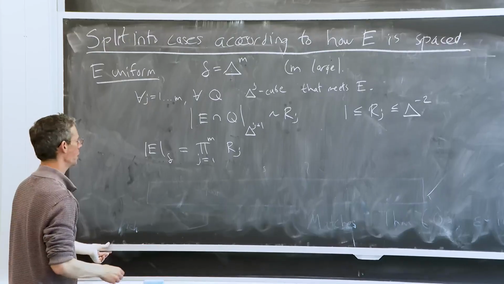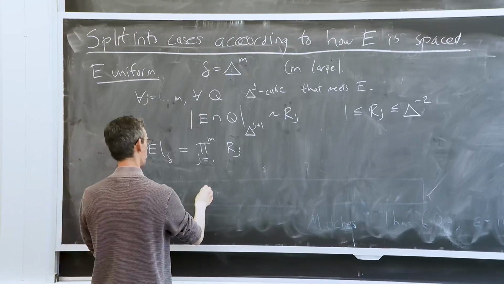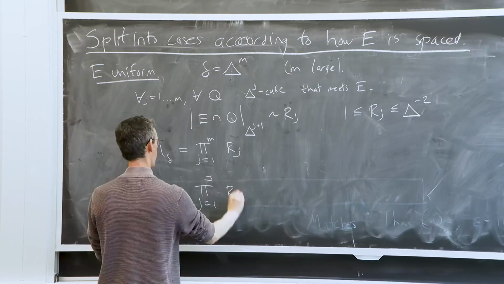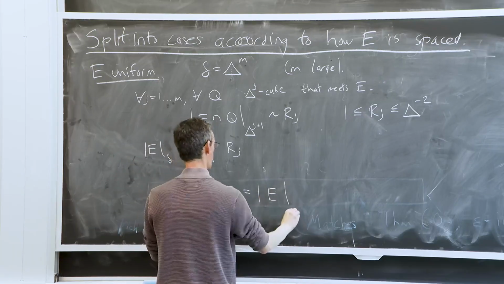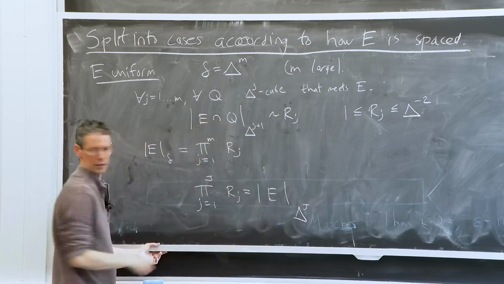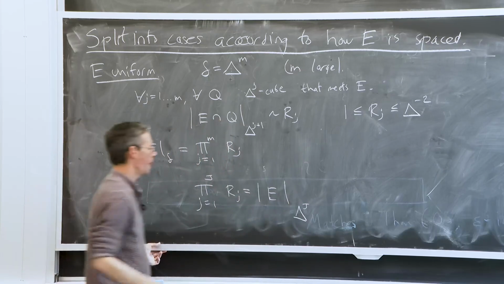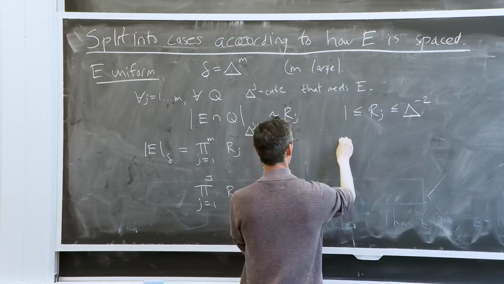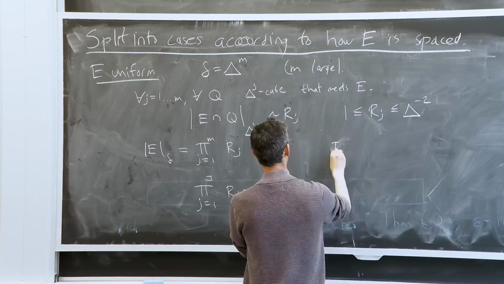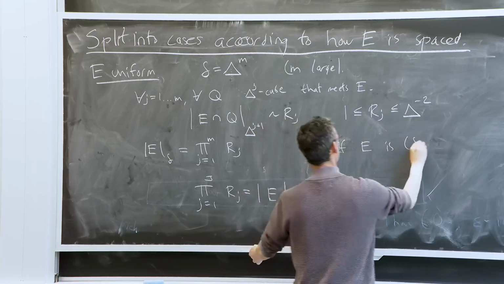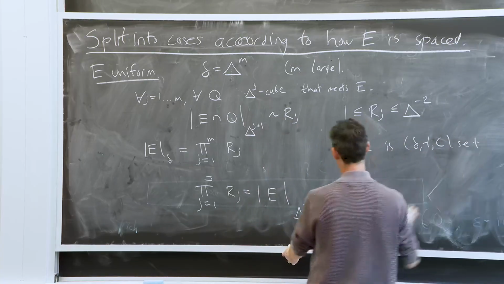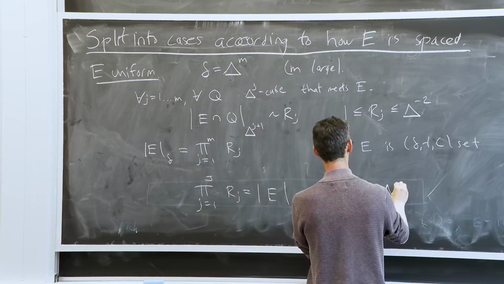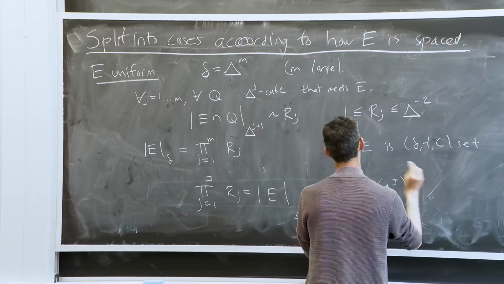And another thing we can say is if I were to take the product, j equals 1 to capital J, of r_j, that would be the covering number of E at scale delta to the capital J. And if E is a delta t C set, then this should be at least 1 over C delta^J to the minus t.